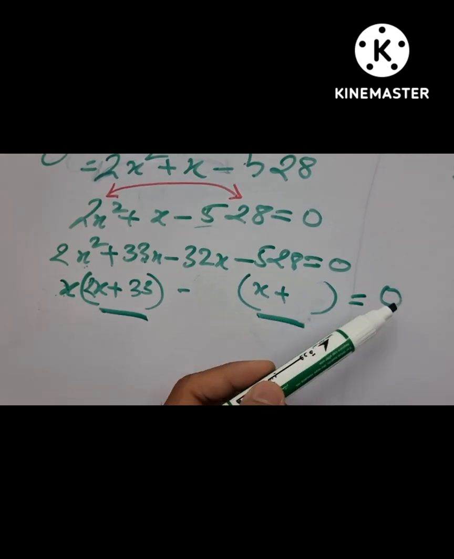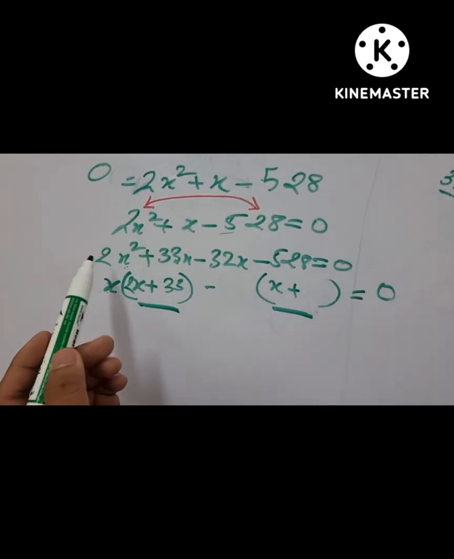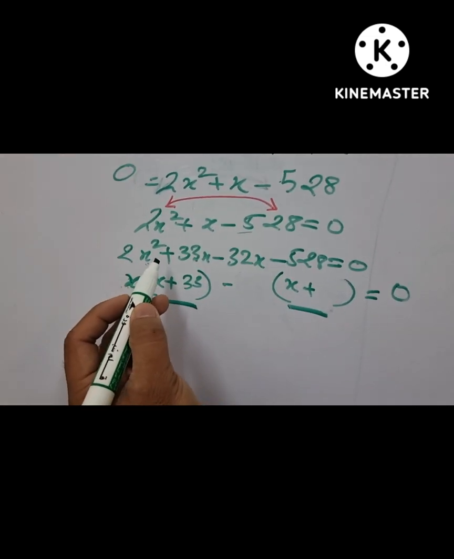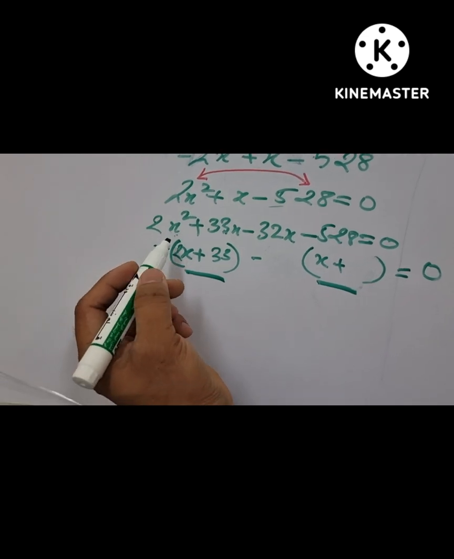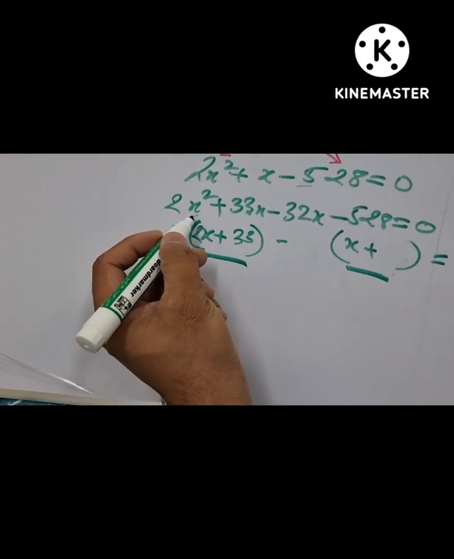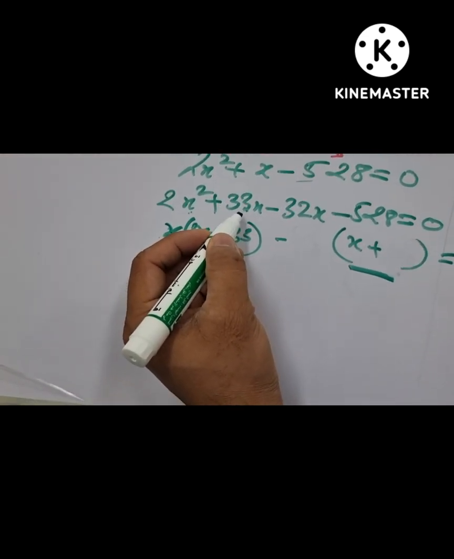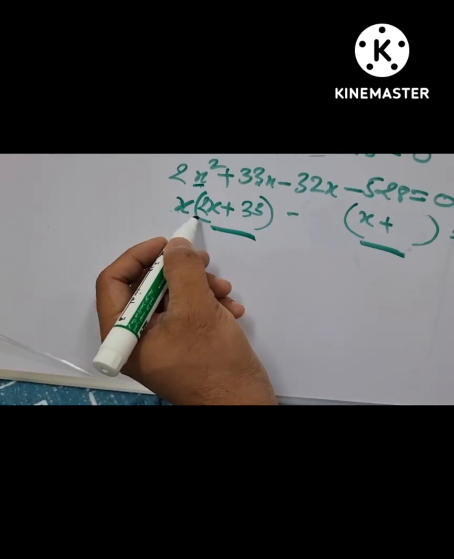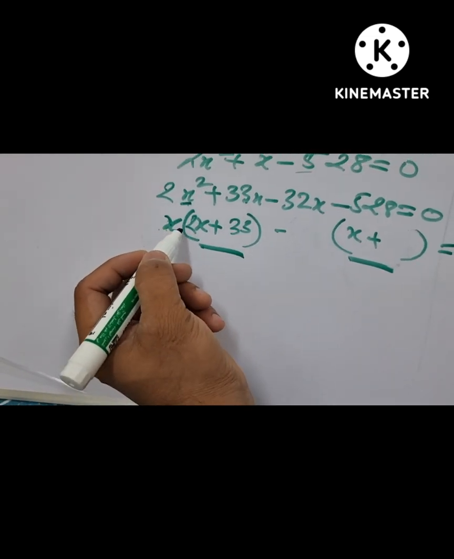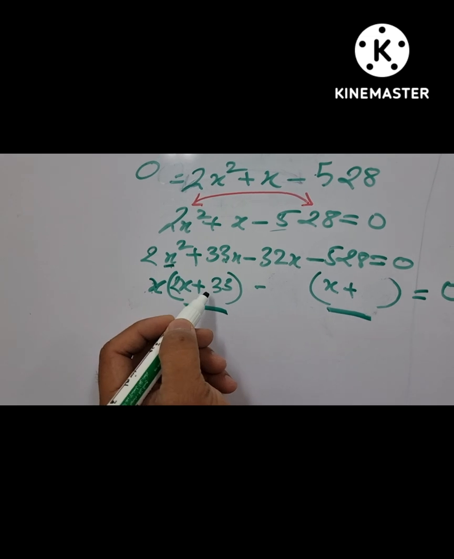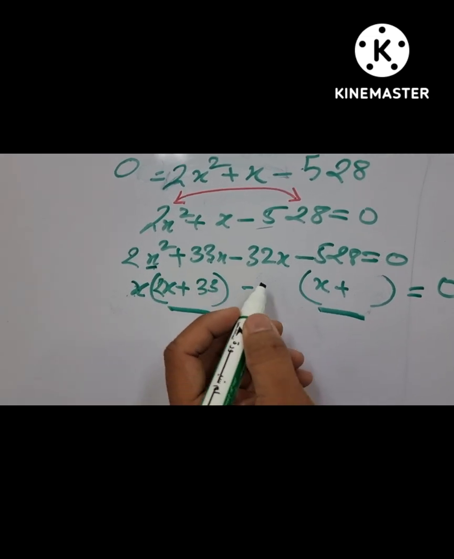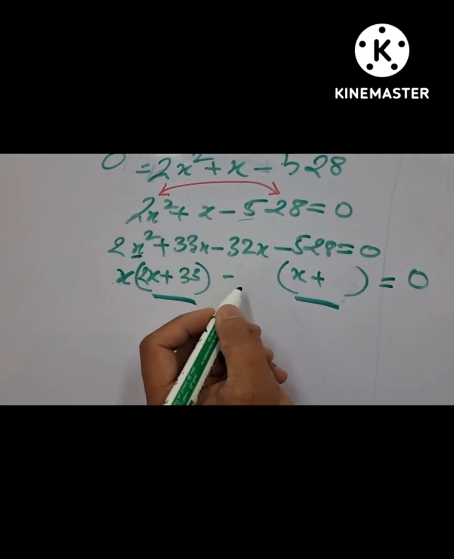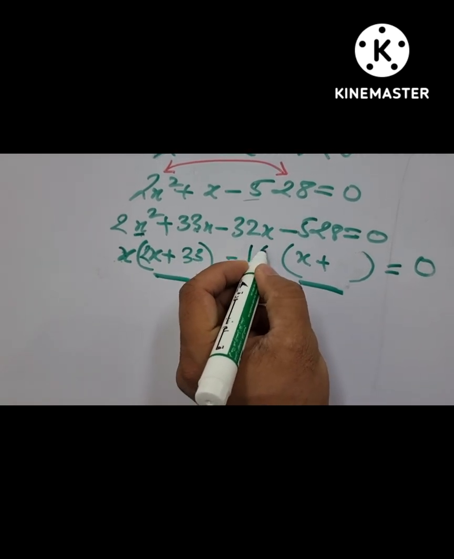528 equals 0. Okay, then after this we can factor out x from here. If you remove x you will get 2x plus 33. Then from here we can take 16. Why?